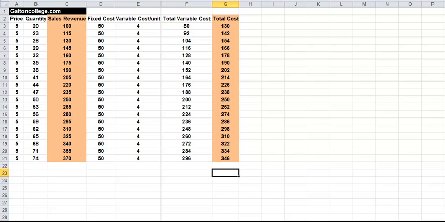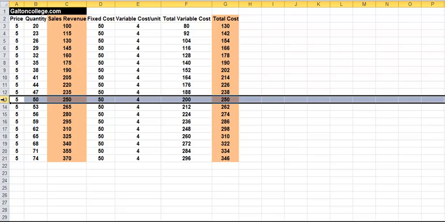We have to find the point where the total cost is equal to the total revenue. We have to find the figure where that happens. You could do it just by looking at the table in this case, because it should be pretty obvious that that's it. The sales revenue is 250 and the total cost is 250 as well.